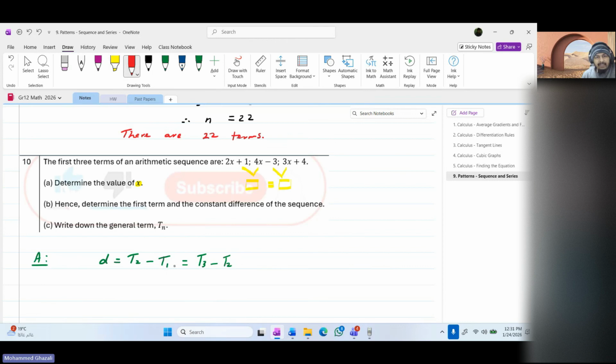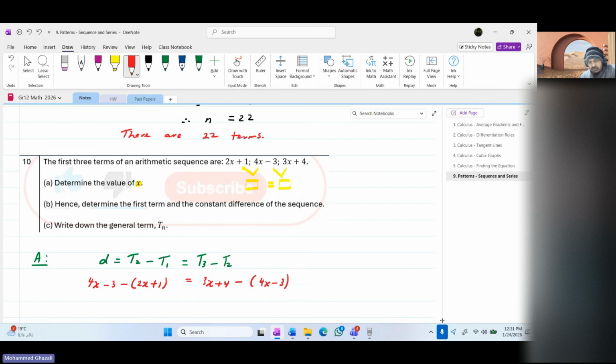That's what we are doing. So if you take term 2 minus term 1, which is 4x minus 3 minus (2x plus 1), correct? And then (3x plus 4) minus (4x minus 3).